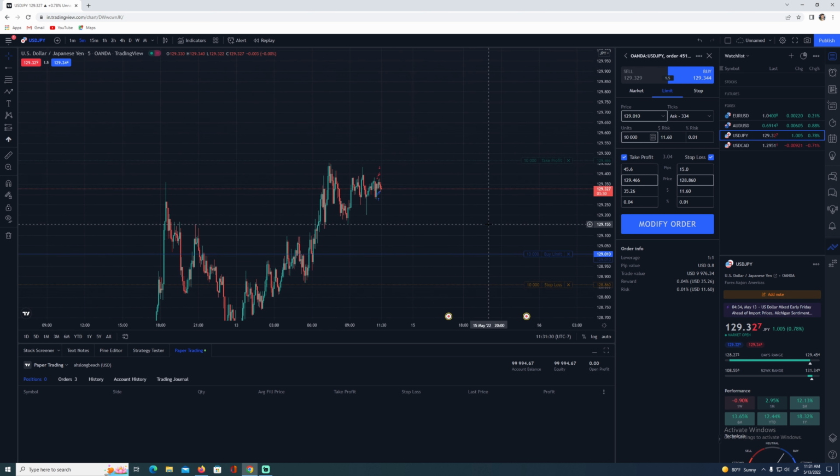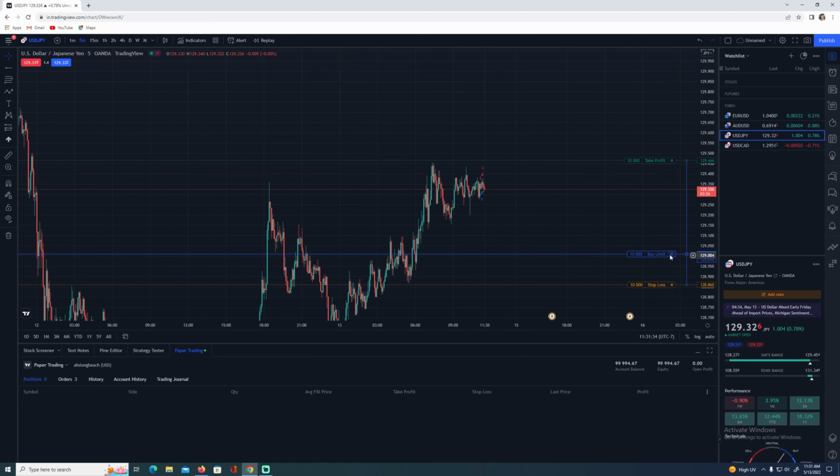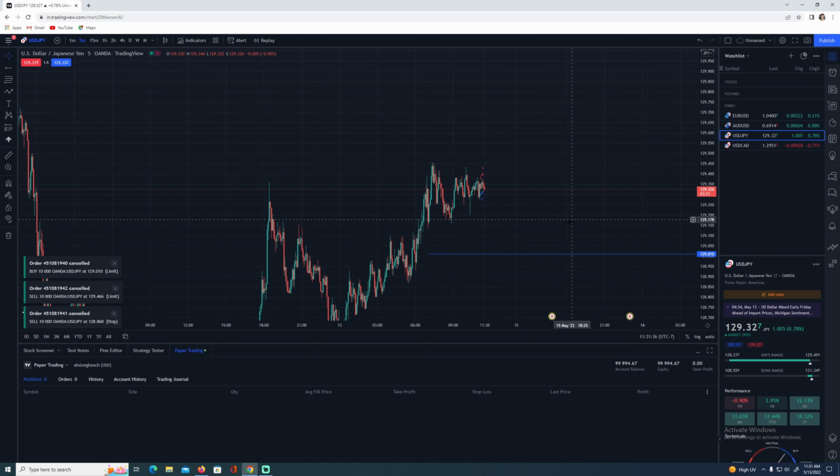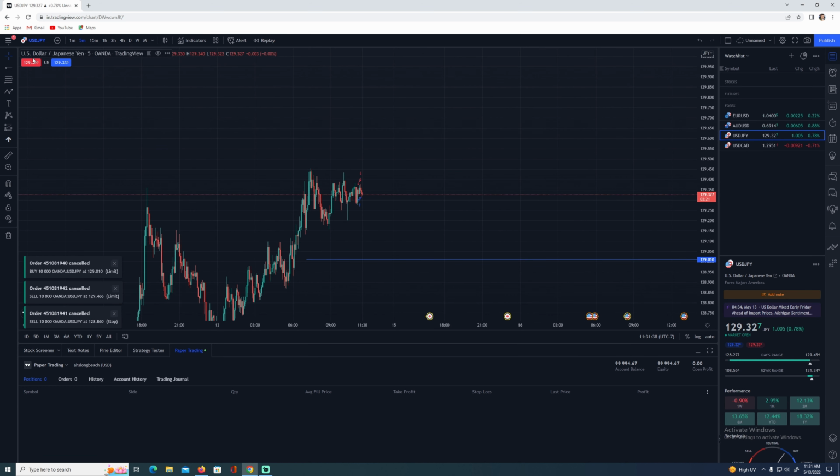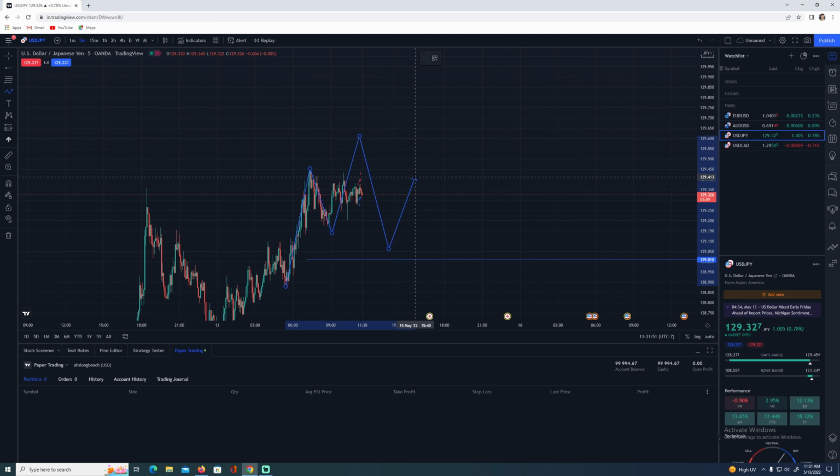Okay, so let's just cancel these orders right now, and now let's say we want to sell, a sell limit order. So now let's say this is our analysis. Price is going to get there, it's going to break structure, and then go down, right? So if price is down here, this is the max where price is going to get to.